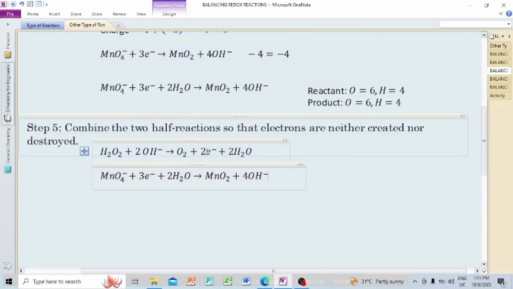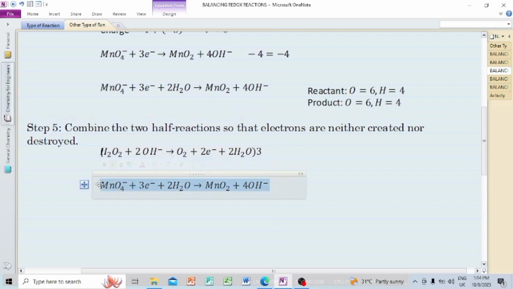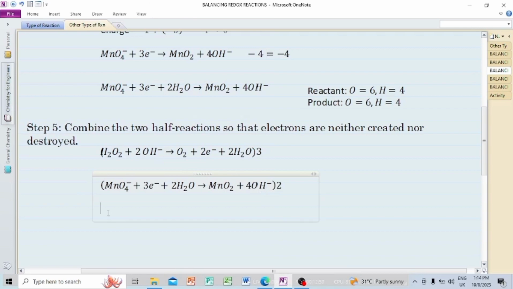So, dito we have 2 electrons, dito we have 3 electrons. So, magmumultiply tayo ng 3 dito sa una. Dito naman sa reduction natin, we will multiply 2.